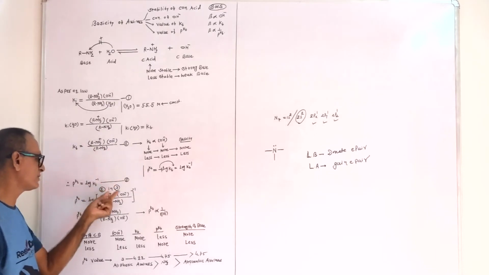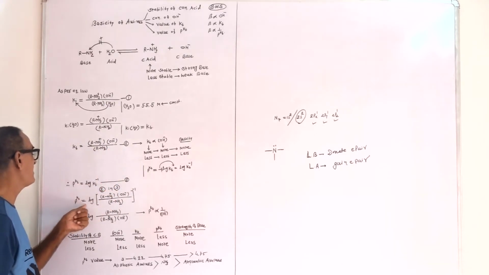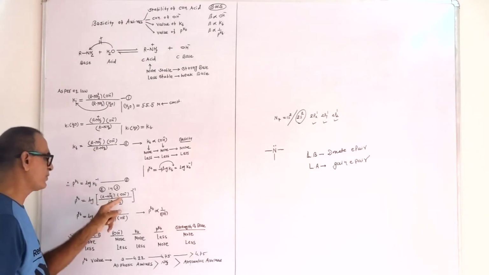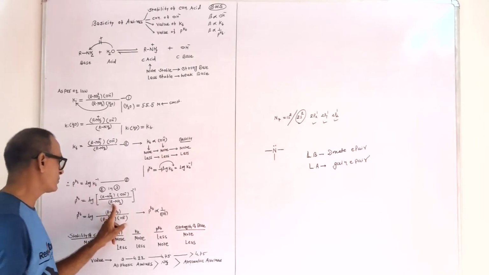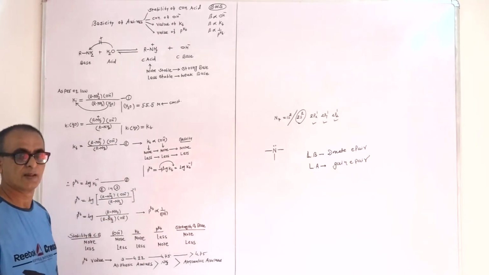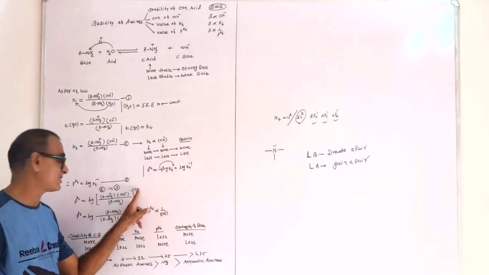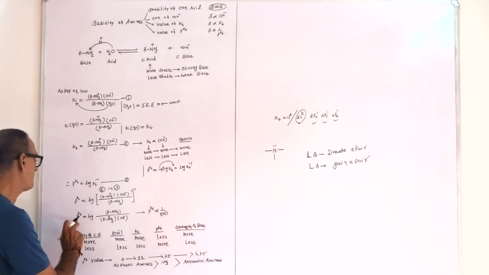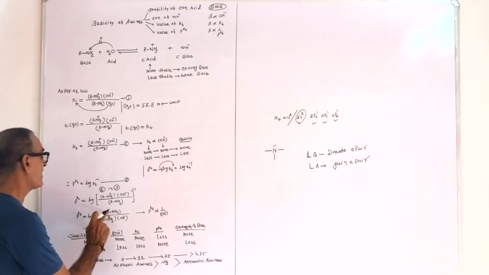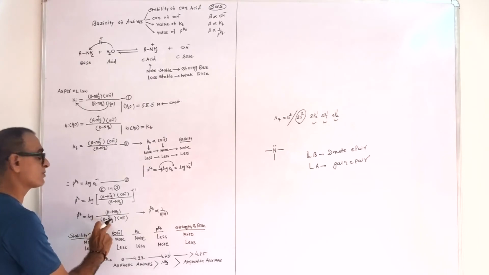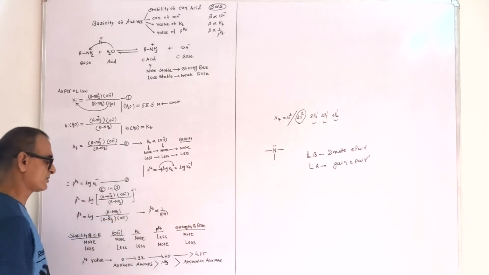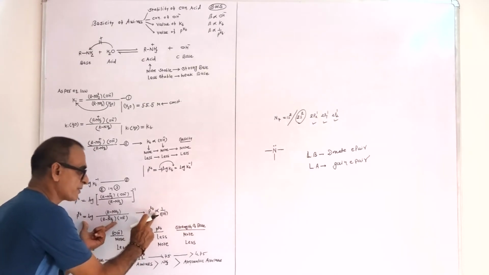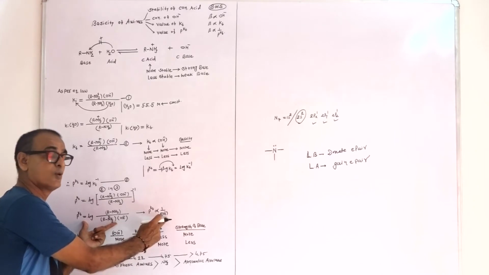Kb की value substitute करो. तो pKb is equal to log of RNH3 plus into OH concentration upon RNH2 concentration, whole raised to minus 1. If you want to remove minus 1, then ये ऊपर चला जाएगा, ये नीचे चला जाएगा. Then pKb is equal to log RNH2 concentration upon RNH3 plus concentration into OH concentration. From this formula, pKb is inversely proportional to OH concentration.